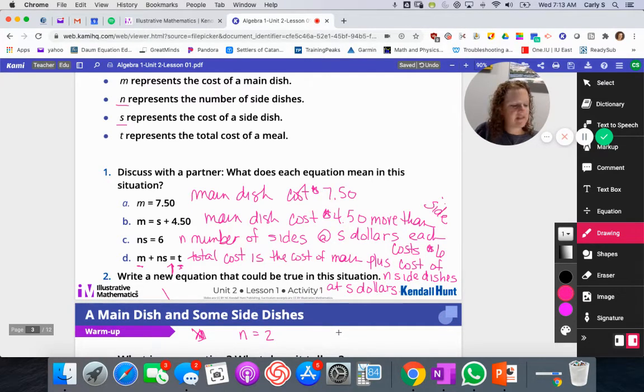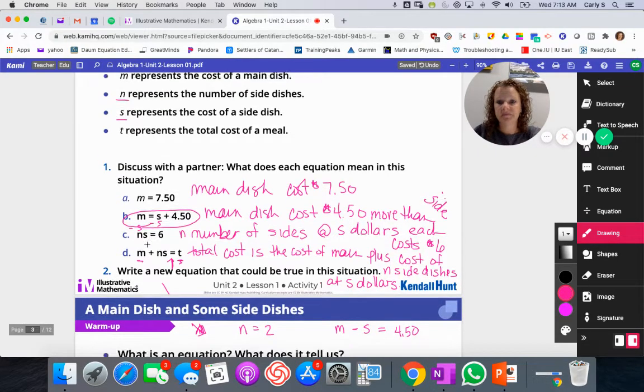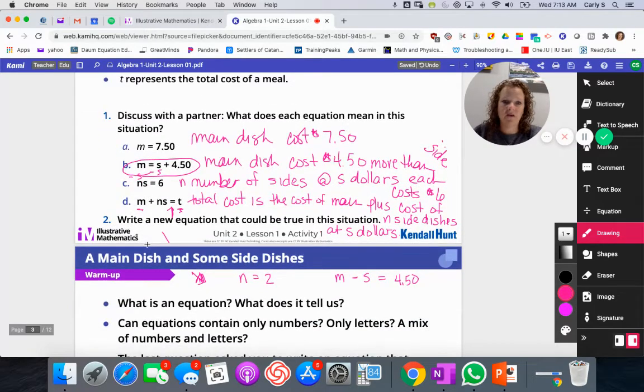You could say something as simple as M, which is the cost of a main dish, minus S, which is the cost of a side dish, equals, I don't know, 450. If I just grab this one right here, I could rearrange those variables and say M minus S equals 450, like if I subtracted S from both sides. Okay, M minus S equals 450. And we could go on, right?